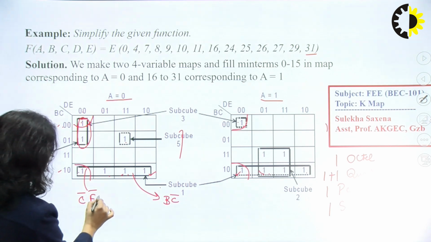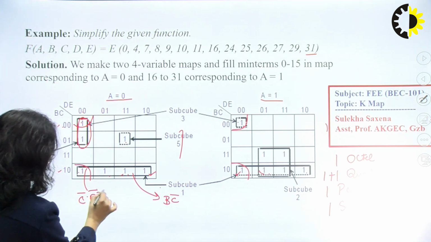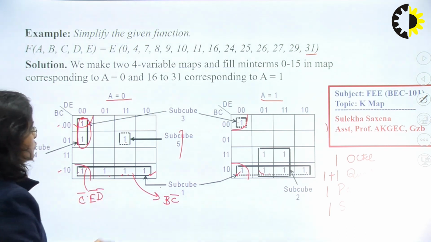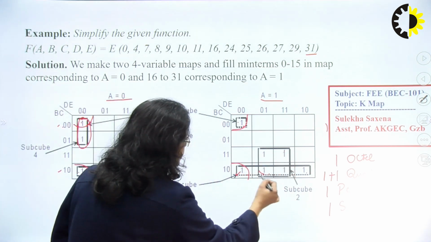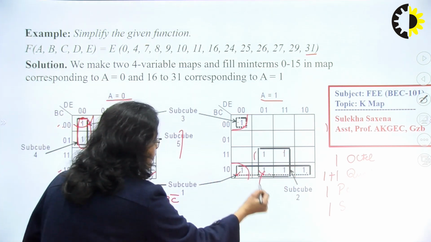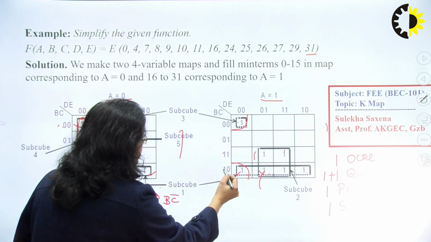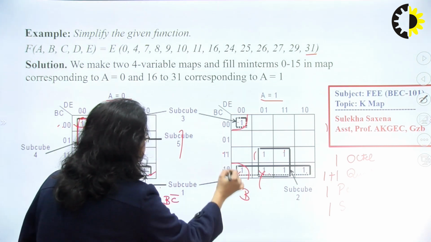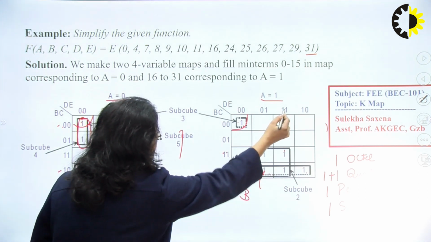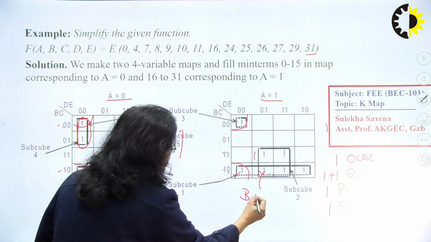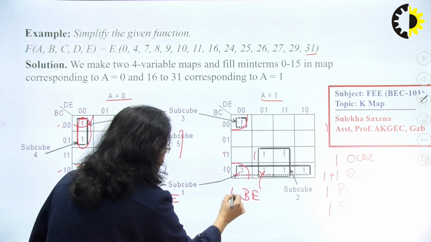From the top side E bar and D bar. Now moving to these 4 values, B again 1 0, that is C will be cancelled out. From the top side 0 1, that is D cancelled out, E and A.